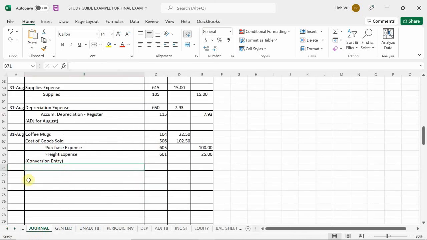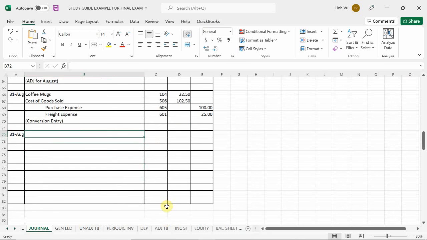Say journal, right? We are going to close out all my revenues. Now, my revenues normally have a credit balance, so that means I am going to be debiting my sales. Sales account, which is 401. Okay.